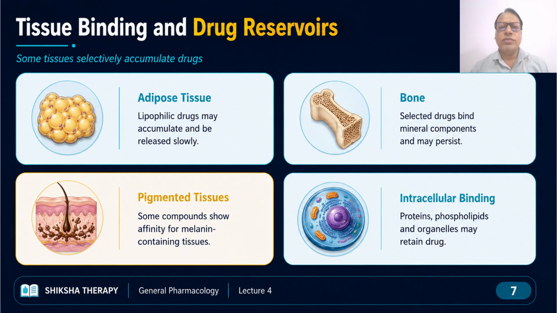Certain compounds may show high affinity for melanin containing tissues. Drugs may also bind to intracellular proteins, phospholipids and cell organelles. इसलिए टिश्यू बाइंडिंग ड्रग के डिस्ट्रीब्यूशन और ड्यूरेशन ऑफ एक्शन दोनों को इन्फ्लुएंस कर सकते हैं.